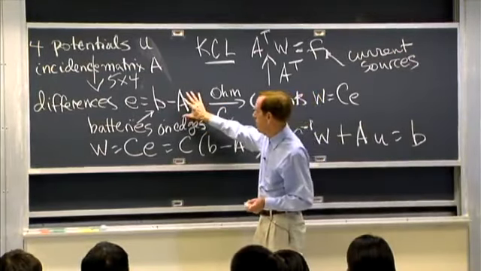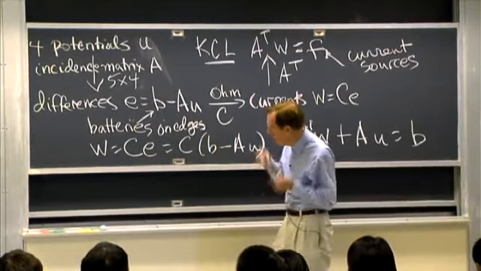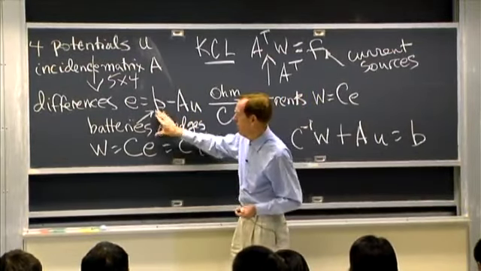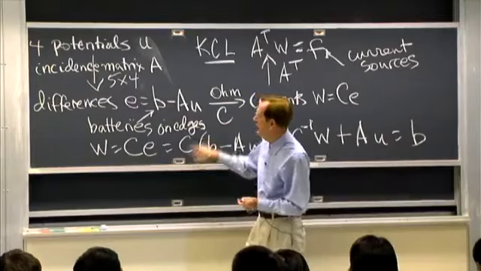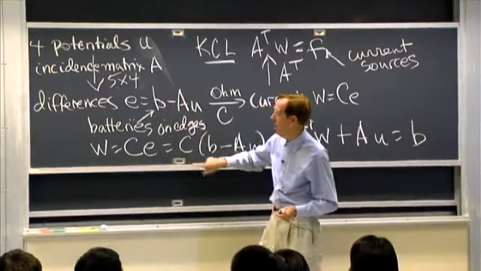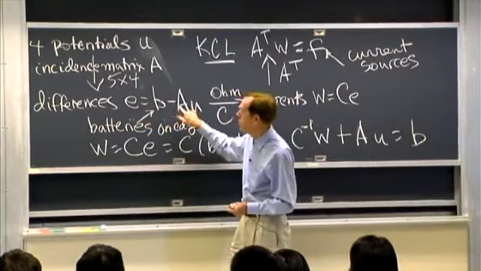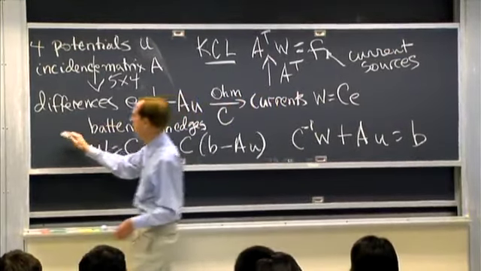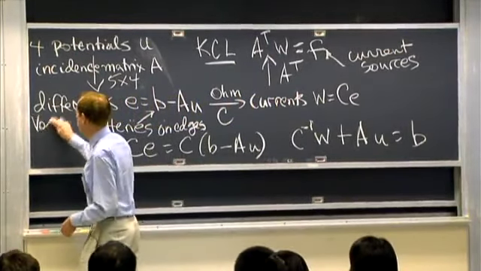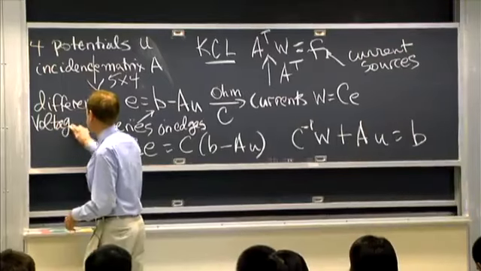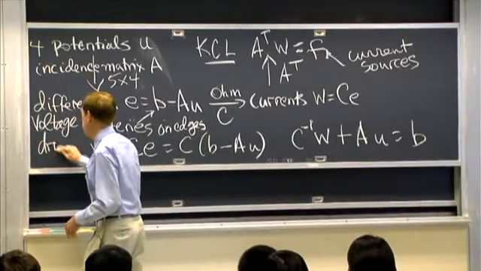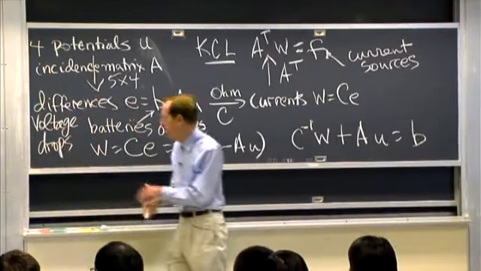Those are the differences in potentials, but then also there can be source terms from batteries in the edges, and the minus sign is there because I'm talking about voltage drops. So when I say differences, I'm really speaking about voltage drops, because that's the way current flows.